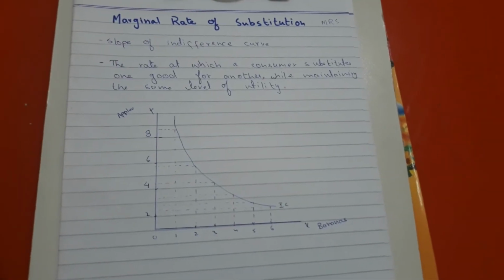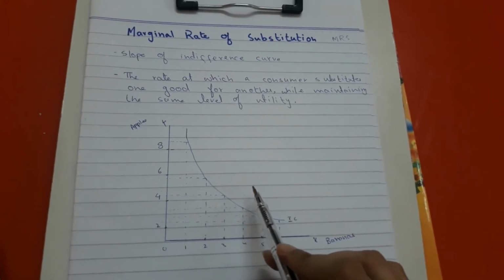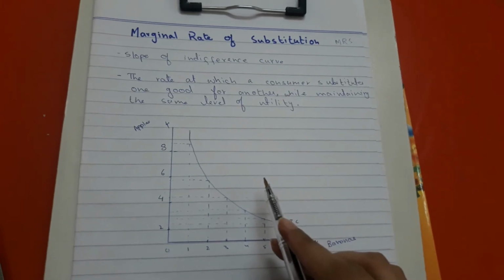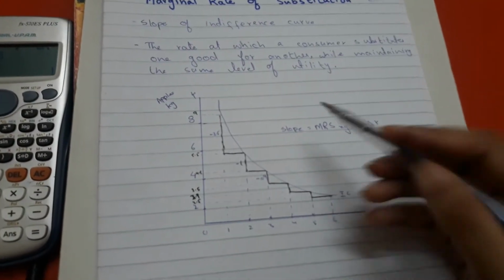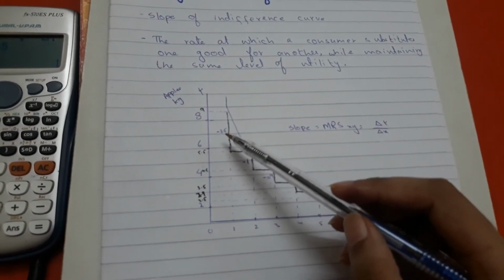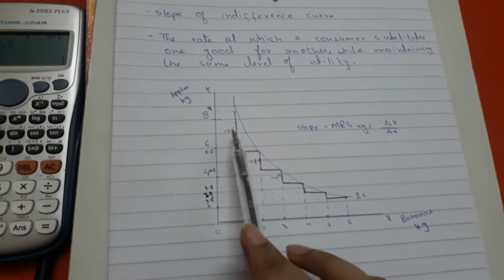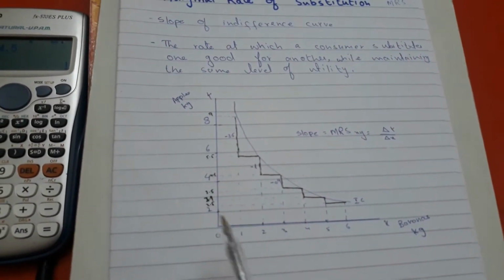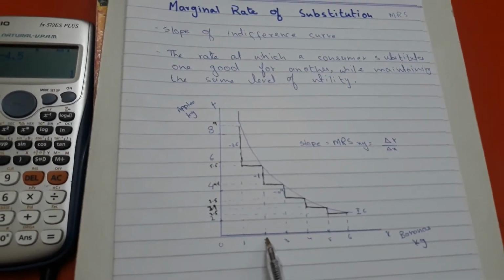So this is an indifference curve. The slope of this curve will be MRS, marginal rate of substitution. See. So these triangle-like boxes show the MRS. Like here, 3.5 kgs of apples have to be given up in order to gain an extra unit of bananas.